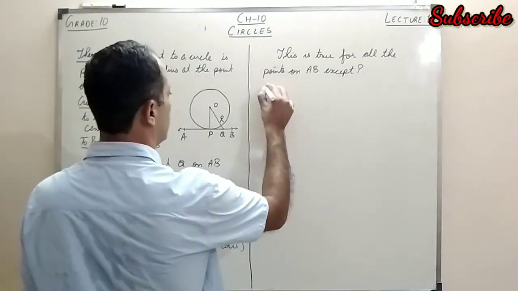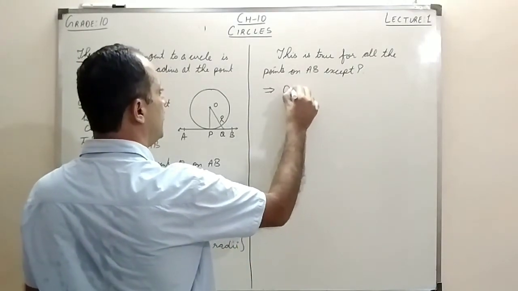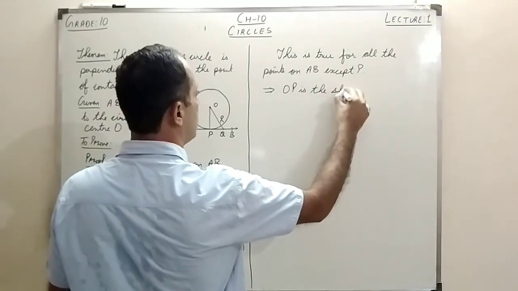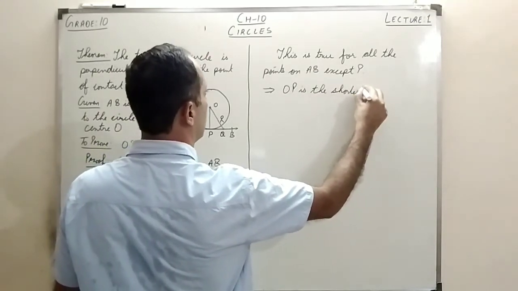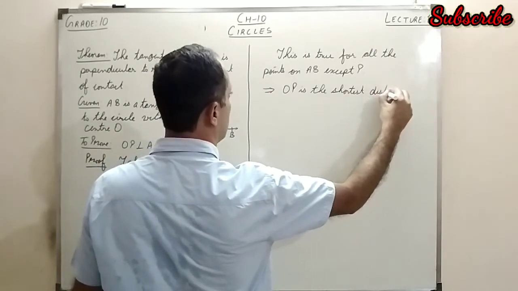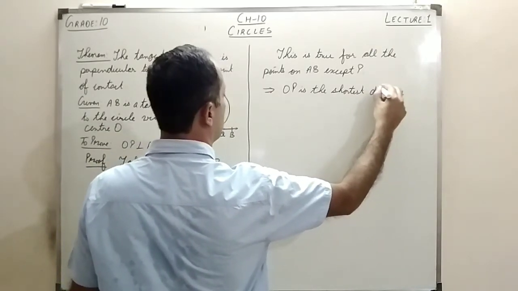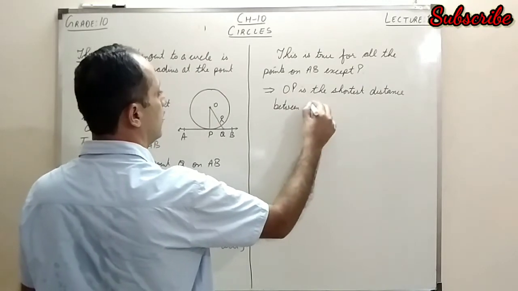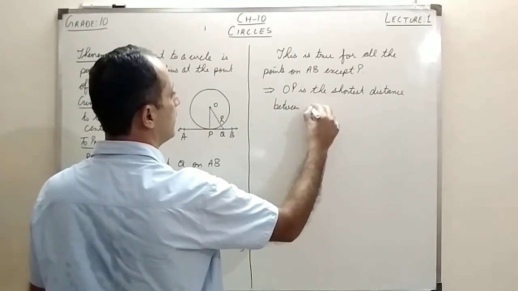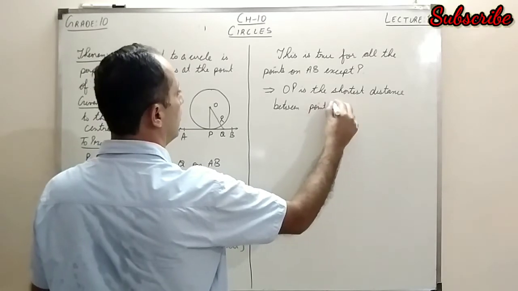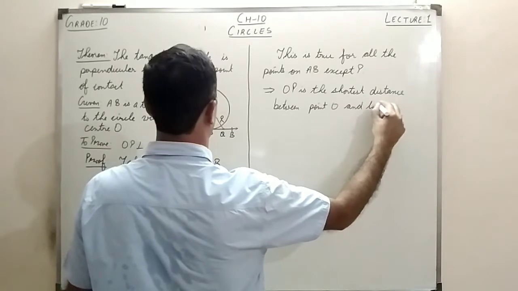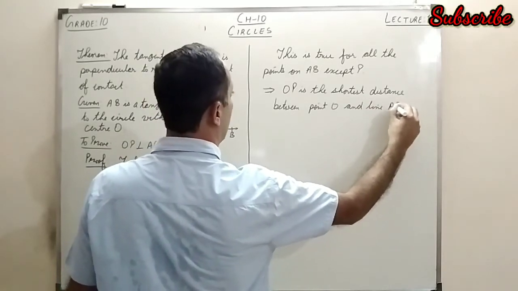So this means OP is the shortest distance between point O and line AB.